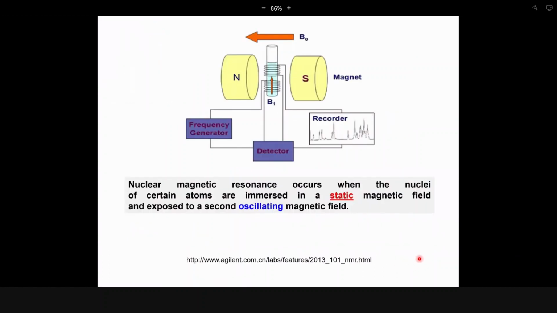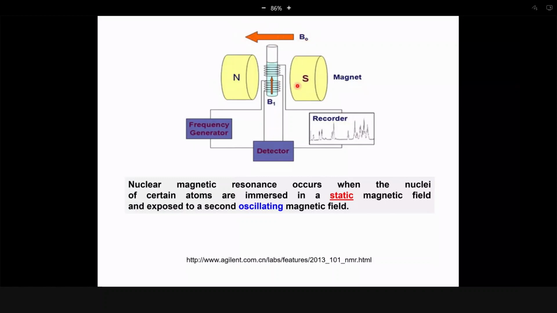This is how it is in the machine. Here you have the sample in a tube. This is a big magnet in the machine, which will generate the first magnetic field B0.